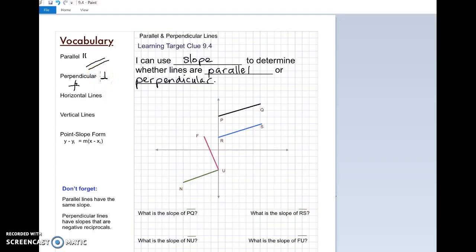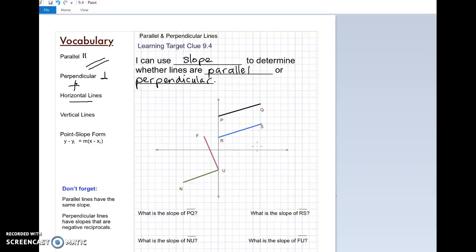Now, another thing we want to talk about are horizontal lines. You see them often when you're graphing a line. A horizontal line is a flat line that is parallel to the x-axis. And that means that all horizontal lines are parallel or perpendicular.